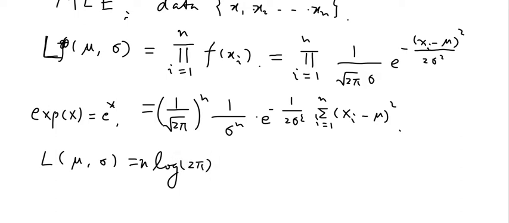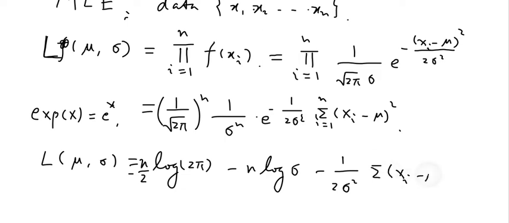Then minus n log sigma, and then minus 1 over 2 sigma squared times the summation of (xi minus mu) squared.